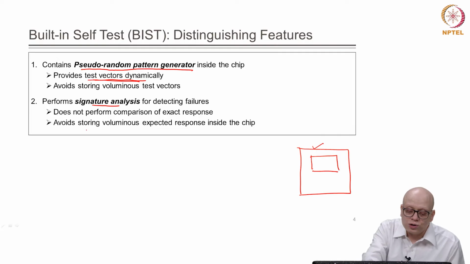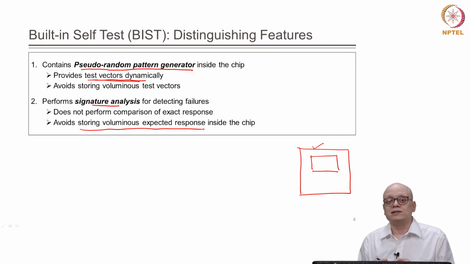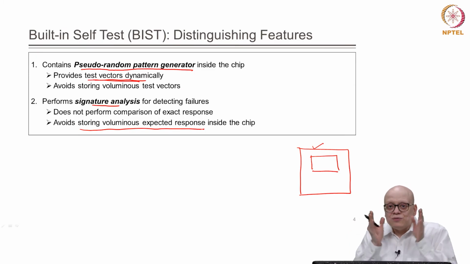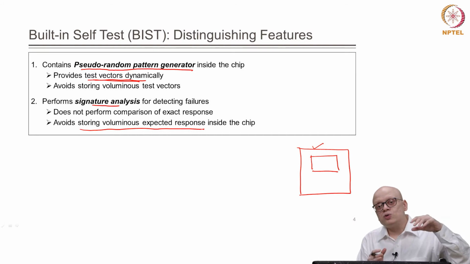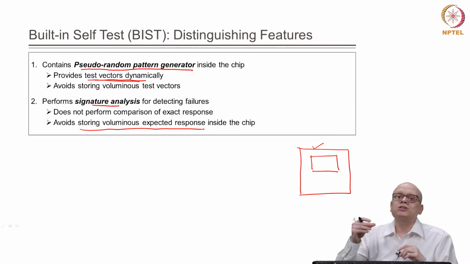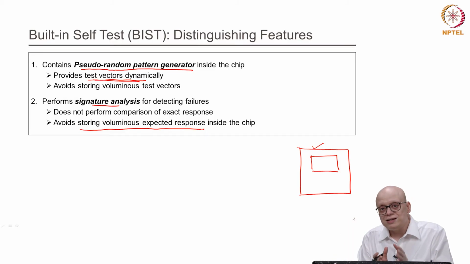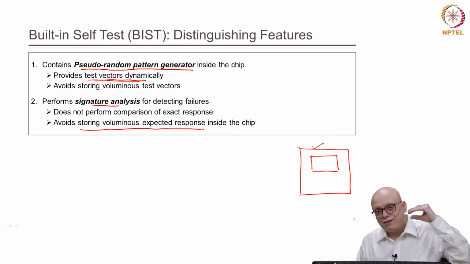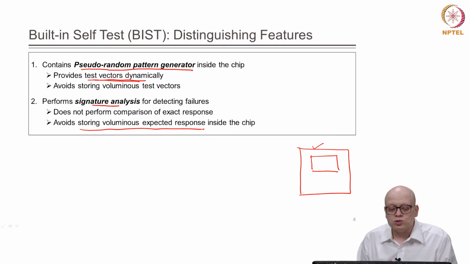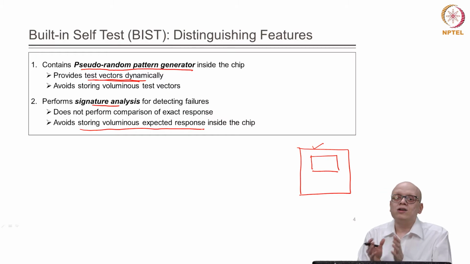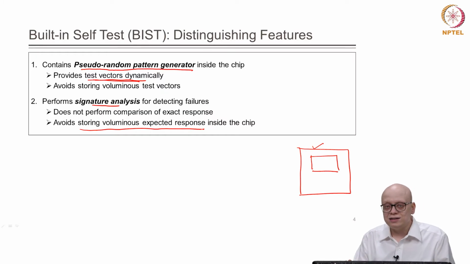We avoid storing voluminous expected responses inside the chip. So, the test infrastructure is fully contained within our chip, but we are not storing test vectors, we are not storing the test response. What we do instead is that we have some infrastructure to generate pseudo random patterns, and also we do a kind of signature analysis. How these are done, we will see in the subsequent slides.